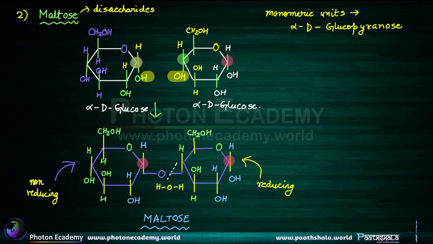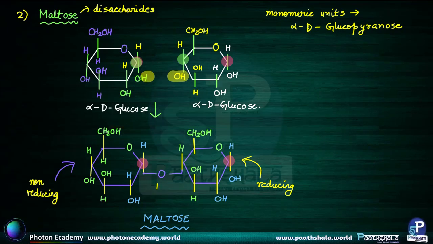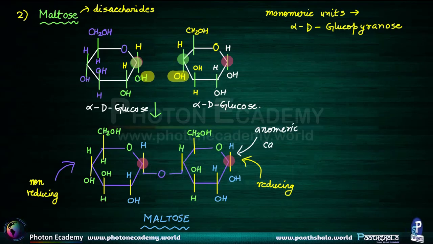Now, coming back to the anomeric carbon, in this particular maltose, one anomeric carbon is remaining untouched. Since the anomeric carbon is not destroyed in this unit of maltose, this maltose is giving both the Tollens' and the Fehling's test and will be a reducing sugar.